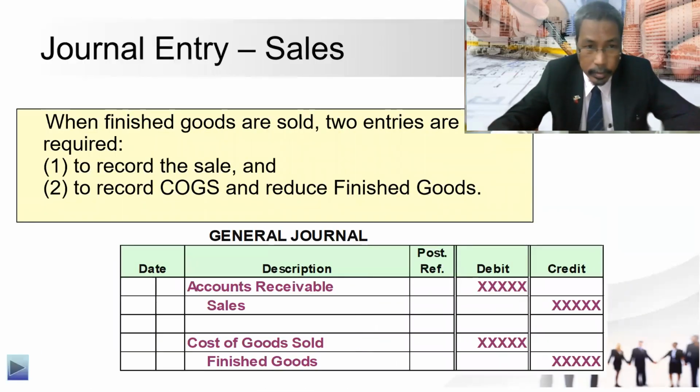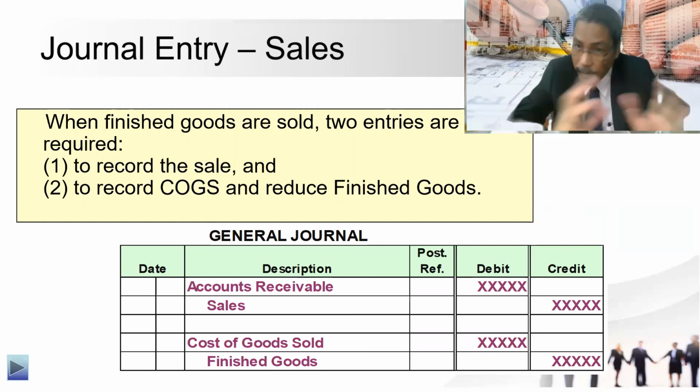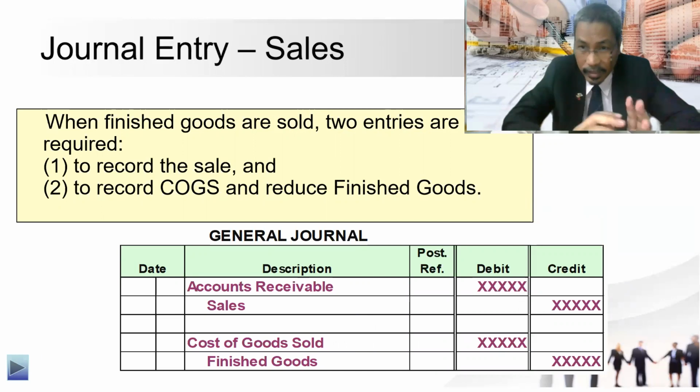Another example, journal entry when there are sales. When finished goods are sold, 2 entries are required. Number 1, record the sale. And number 2, record cost of goods sold and reduce finished goods. So the number of finished products decreased because it was already in the hands of the client. Okay?